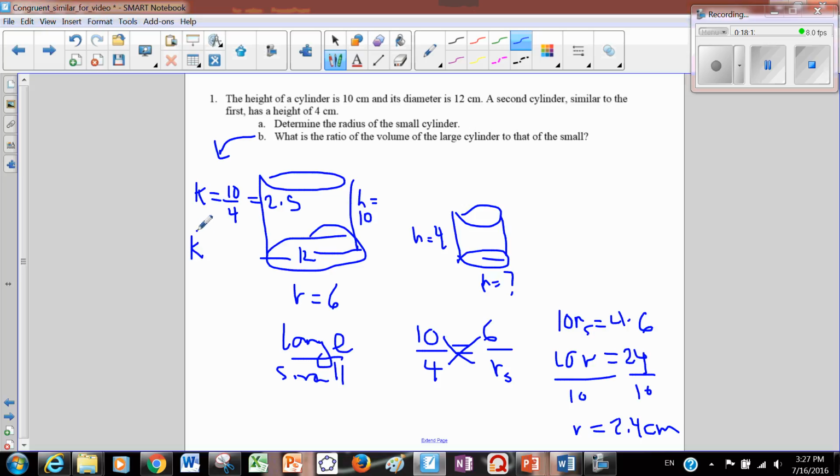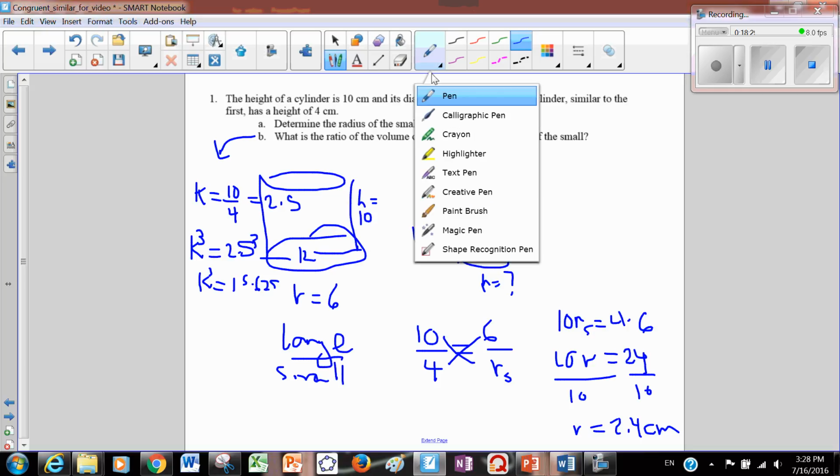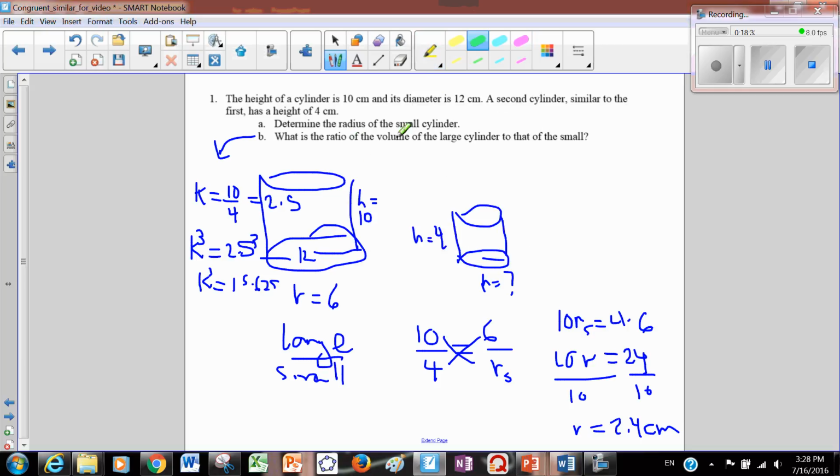We know the ratio of the volume is K cube. So it's going to be 2.5 cube. So K cube is going to be equal to 15.625. Make sure you're following the order. If they want you to go volume of the large to the small, you have to make sure here you put the side of the large first. Okay.